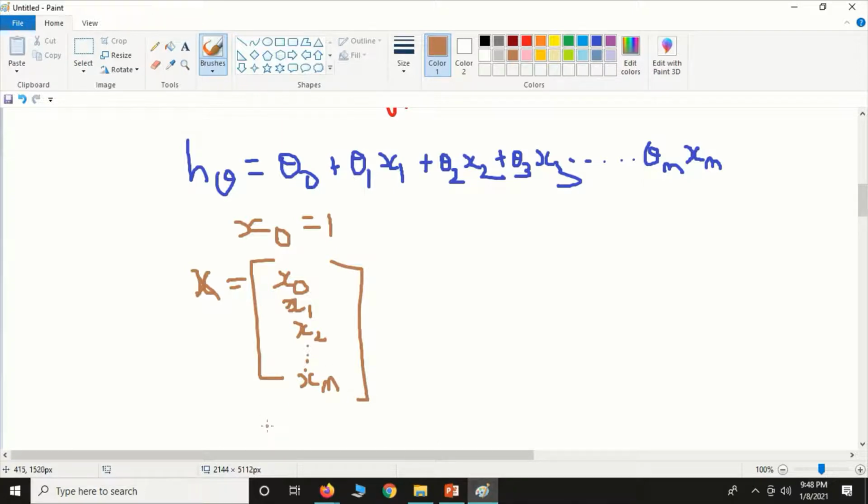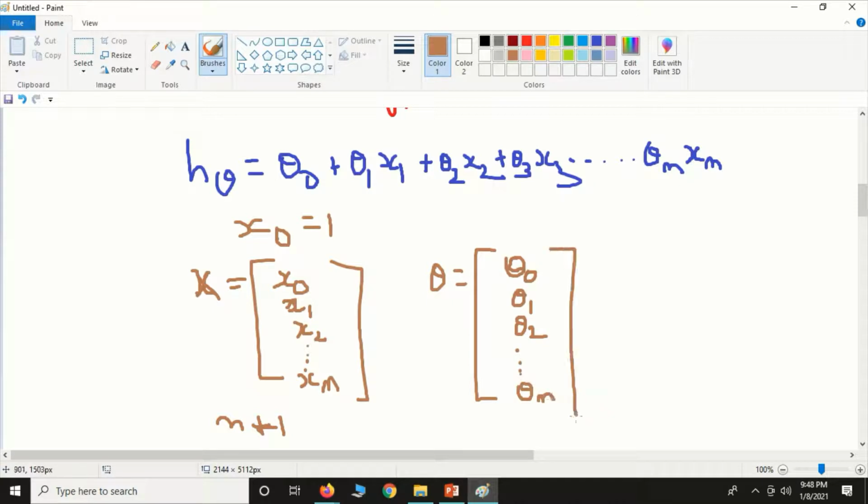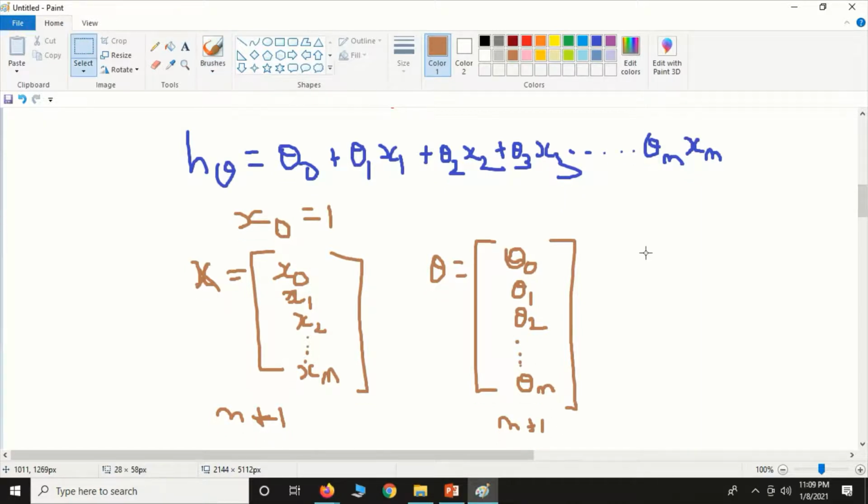The x feature vector will be of size n plus 1. X1 till xn is n values and x0 is the extra one. The parameter vector theta will be theta 0, theta 1, theta 2 till theta n. It will also be an n plus 1 parameter vector.